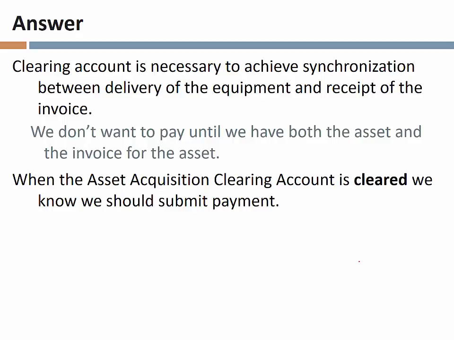So I know that when the asset acquisition clearing account is cleared, it has a zero balance in terms of this particular transaction sequence. I know it's safe for me to submit payment. So once again, if I'm an accounts payable worker and I have the ability to look at the accounts but not talk to anyone else in my organization, this account is really, really important to me.